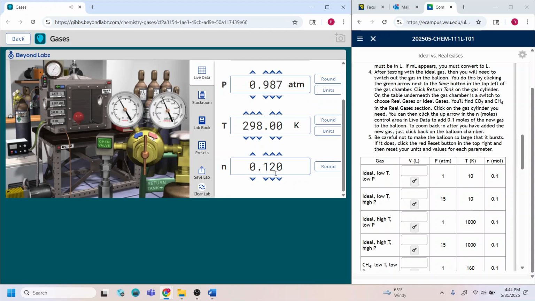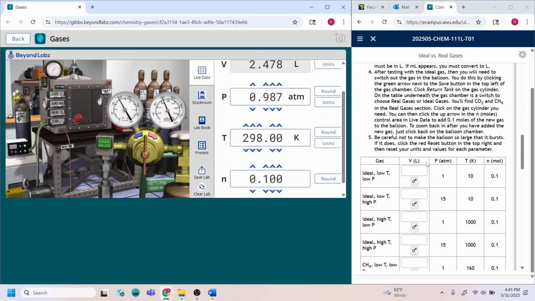So 0.1 moles means that your balloon has to be inflated, not deflated, because it does have 0.1 moles in it. Just make sure about this before you start recording your data. We want the temperature to be 10 Kelvin.